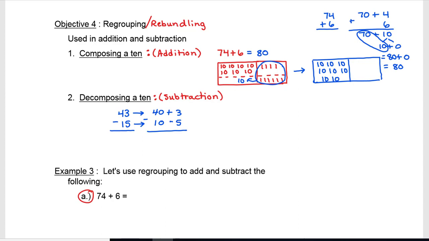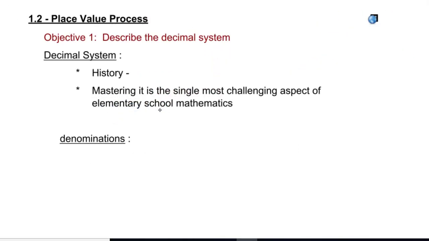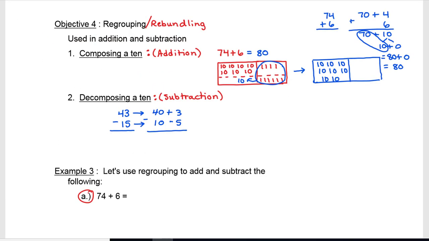I can't take 3 minus 5. Can't happen. And so I'm going to borrow from it. And that's going to give me 30. And this is going to give me 10 plus 3, which is 13. And 13 subtract 5 then would be 8. And then this would be 20. So my answer is 28.